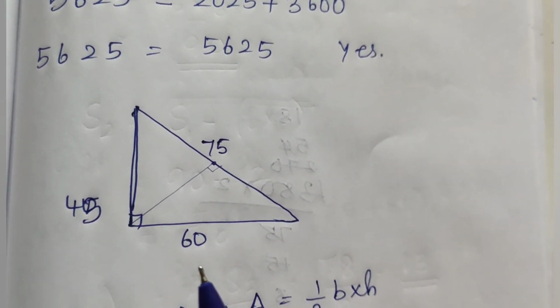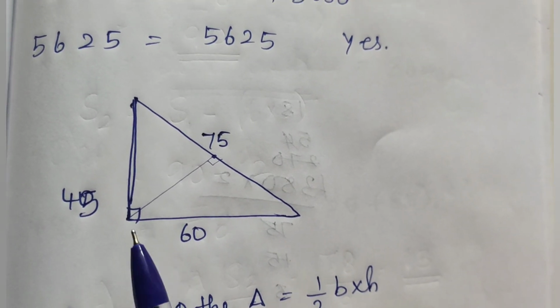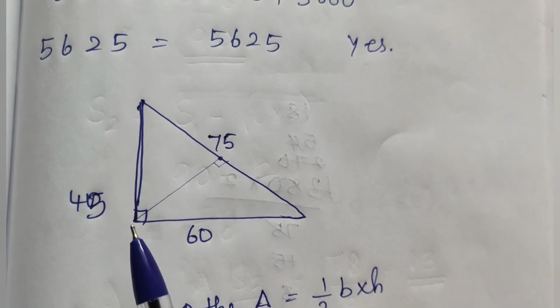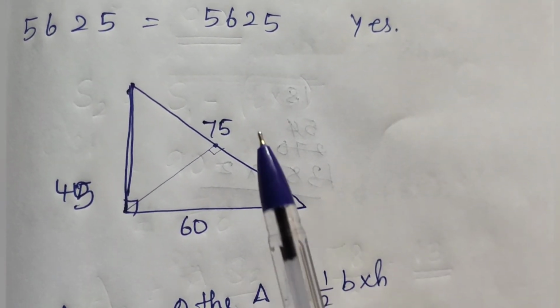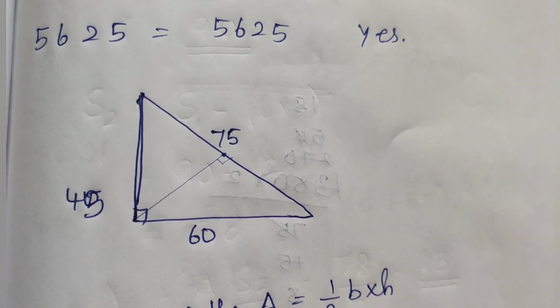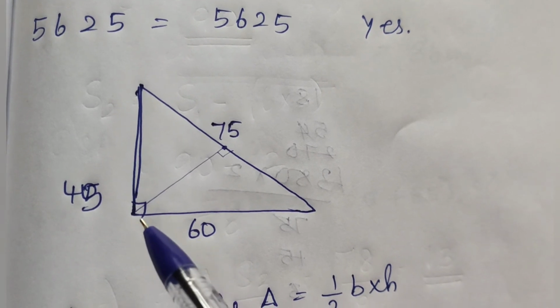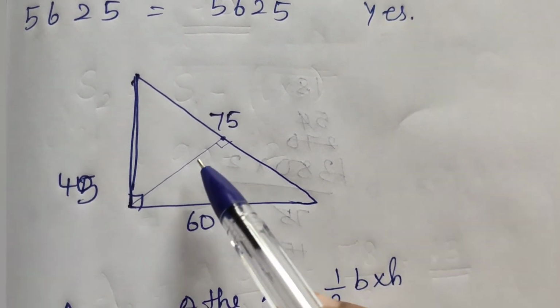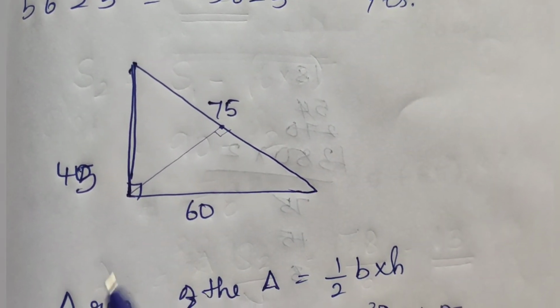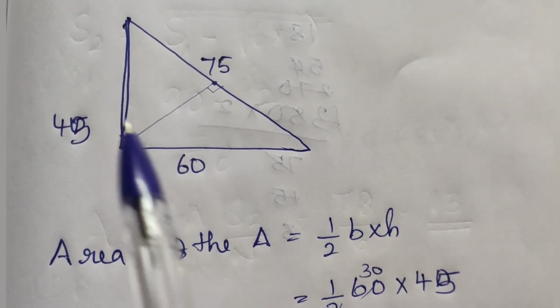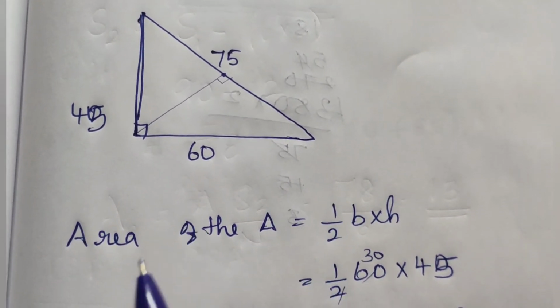So I draw a right triangle, and I take base 60, altitude 45, hypotenuse 75. They are asking for the line drawn from the opposite vertex to the longest side. See, listen, how I find it.